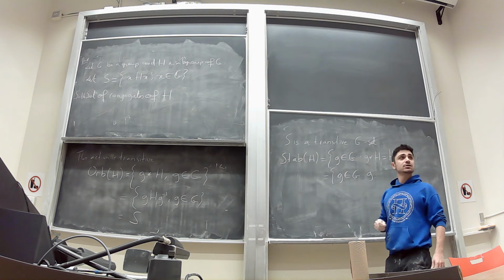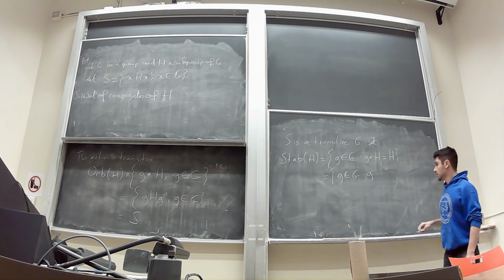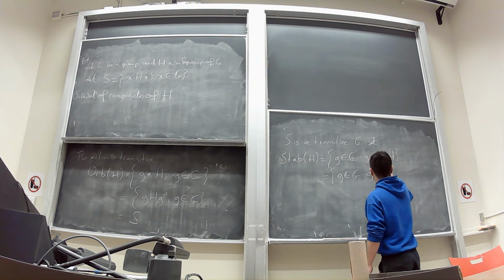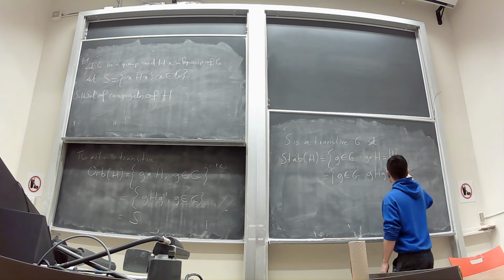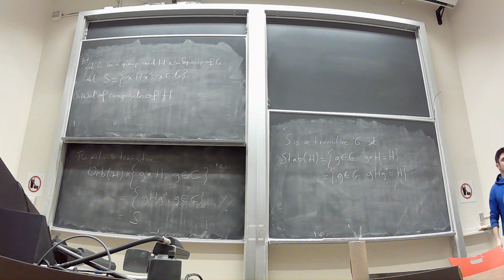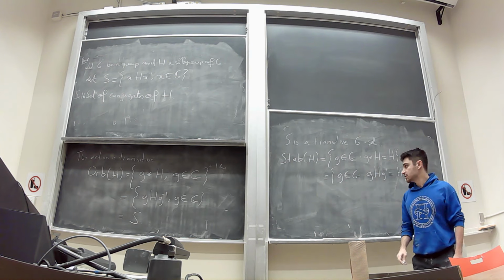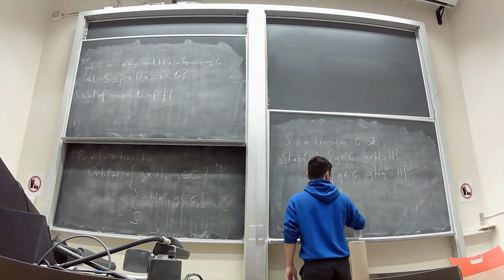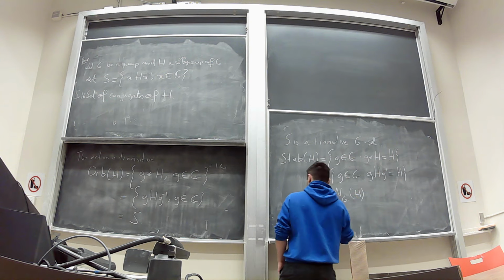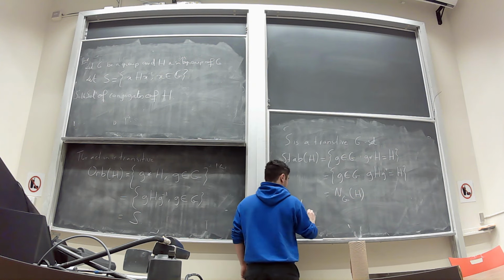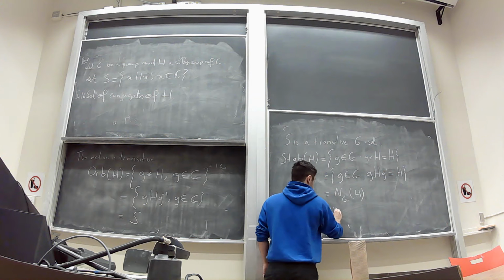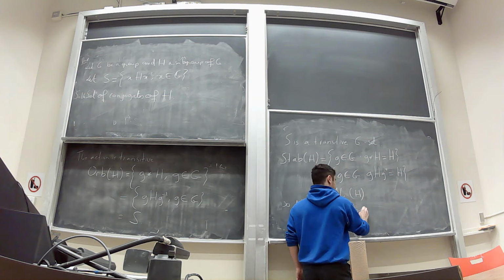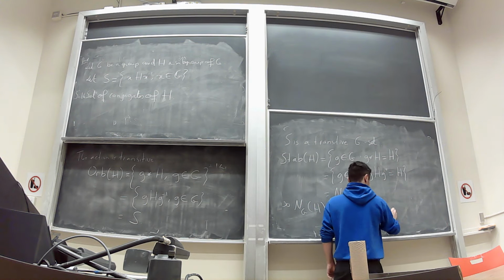What is g star H? gHg inverse is equal to H. Right? What is this? This is just N_G(H). Look at the definition of N_G(H). So N_G(H) is a subgroup of G.